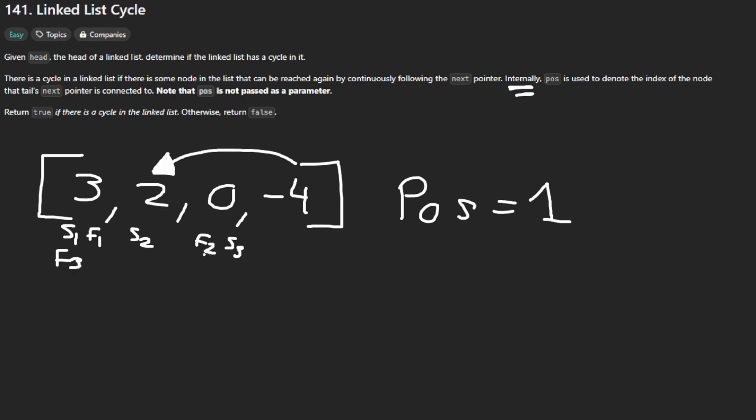Then slow 4 here, fast 4 here, and the slow pointer will be back here for slow 5, and the fast pointer will come back here in the end for fast 5. Once we can see that our pointers have matched each other, we can say that there is a cycle, and therefore we can return true.